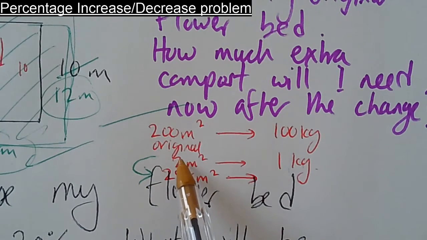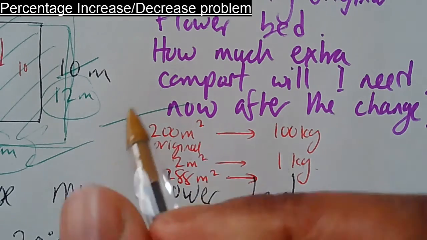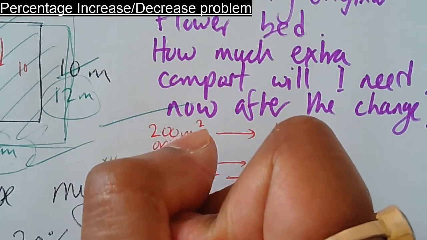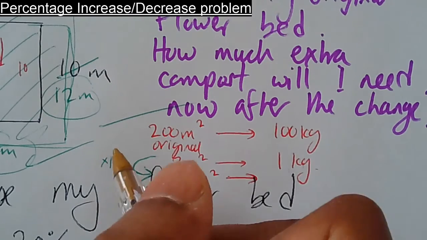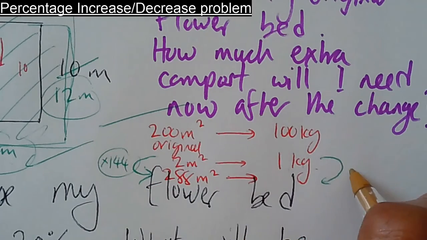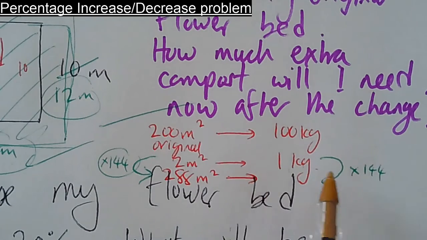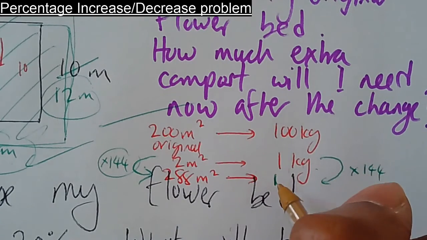So basically 2 times something to give you 288. Well, you can do 288 divided by 2. That'll be 144. 2 times 144 gives 288. What you've done this side, do on the other side. 1 times 144 is 144.